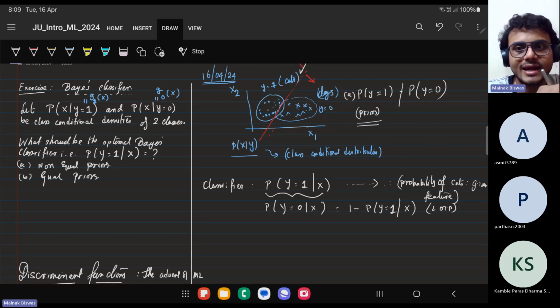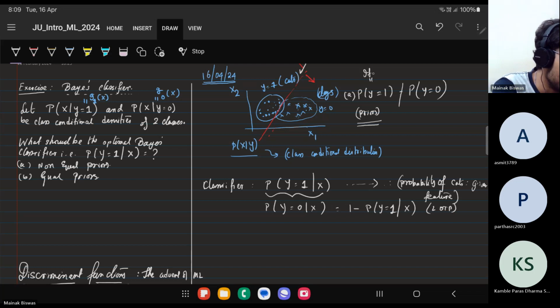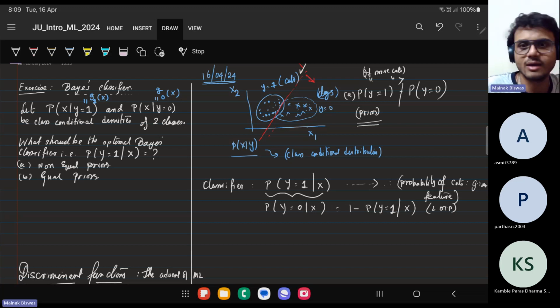If there are more cats than dogs in the locality, you will have a higher probability of y equal to 1. Overall, they are non-equal priors, some 45, 55, whatever you choose as the prior. So my question to you is, how do I get the classifier?